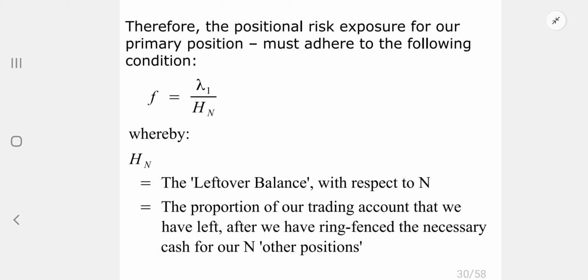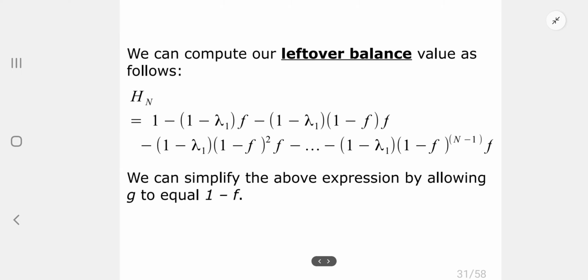Small f equals lambda 1 divided by Hn, whereby Hn equals the leftover balance with respect to n, which equals the proportion of our trading account that we have left after we have ring-fenced the necessary cash for our n other positions. We can compute our leftover balance value as follows.